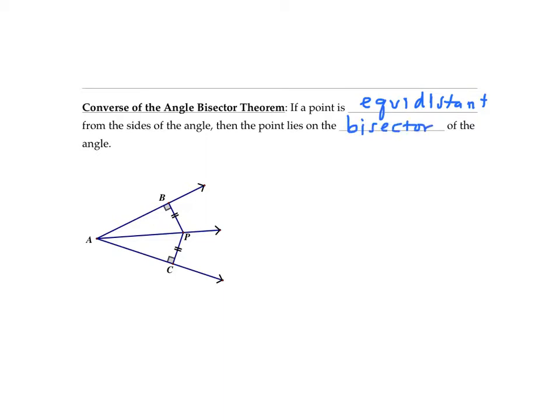So notice how we're working in reverse. In this case, we can see in the diagram that line segment PB is congruent to line segment PC. Then we can say that P is on the bisector of angle BAC.